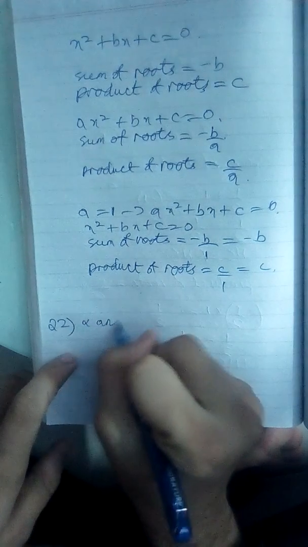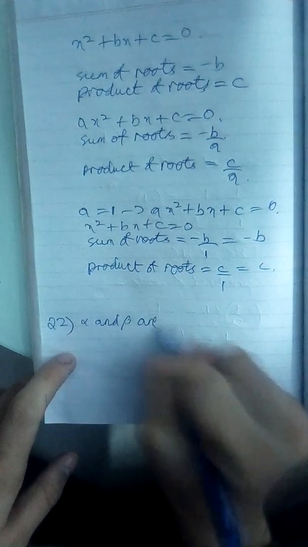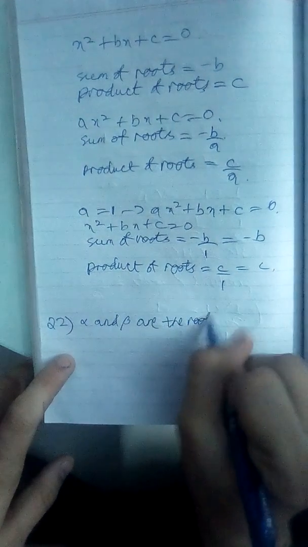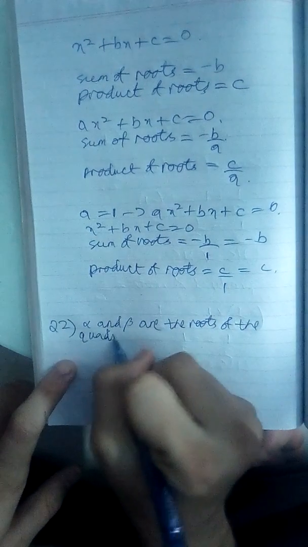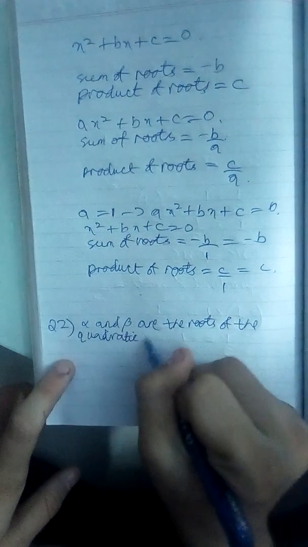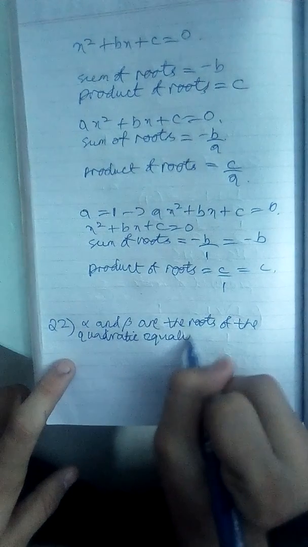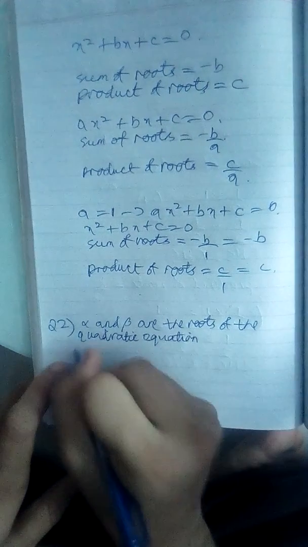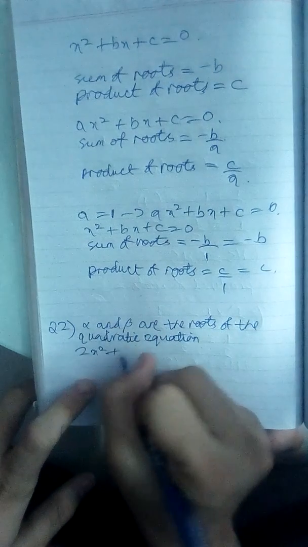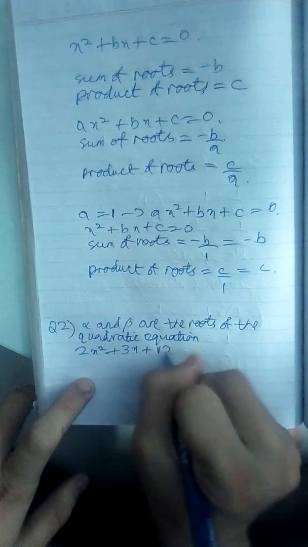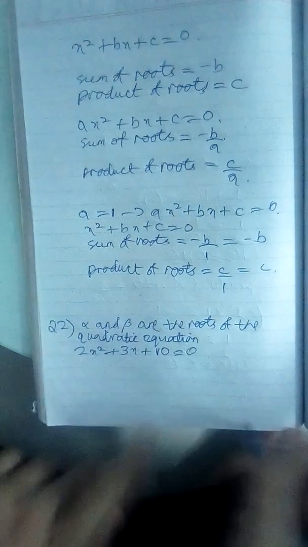alpha and beta are the roots of the quadratic equation 2x squared plus 3x plus 10 equals 0.